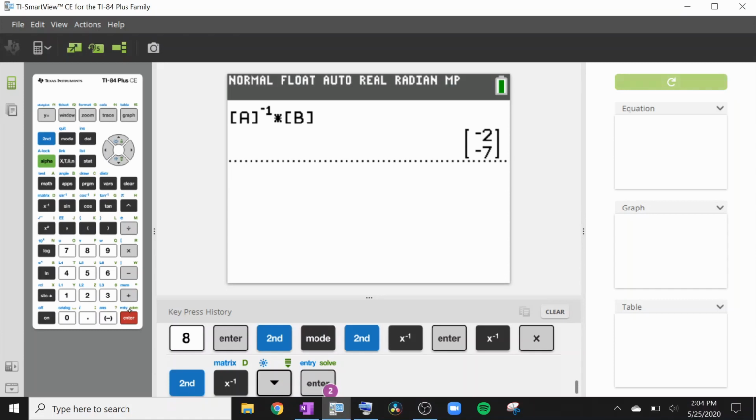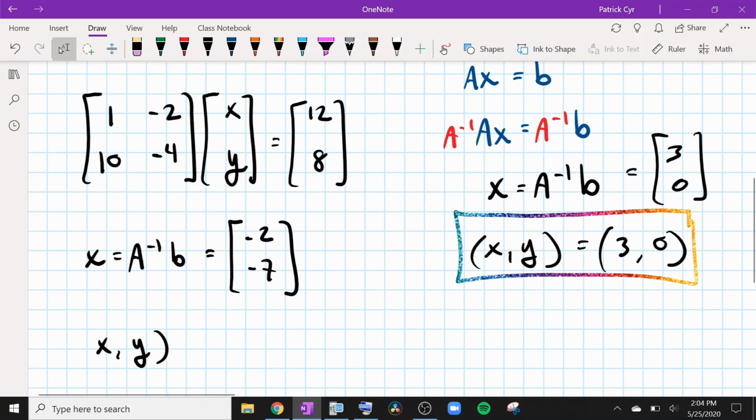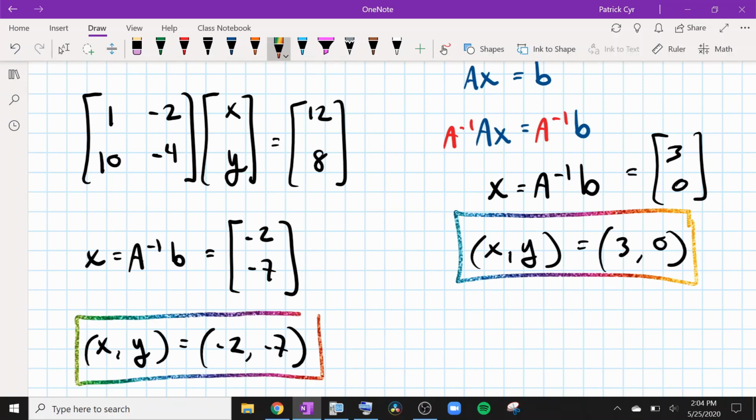So without using substitution or elimination, we have the answer to this system of equation question. So the x value in this case is actually a matrix, but the way we're going to write the answer is we say x, y is equal to -2, -7. So that's this solution, number 2.